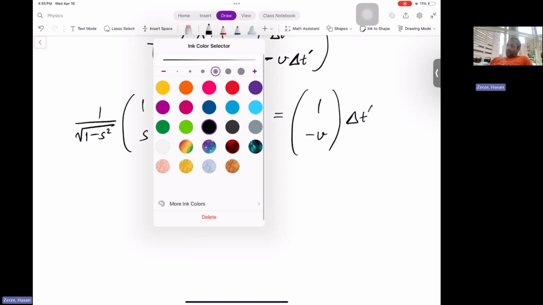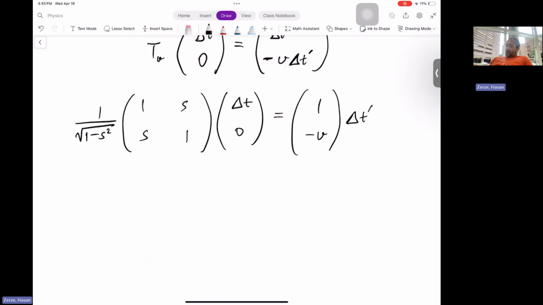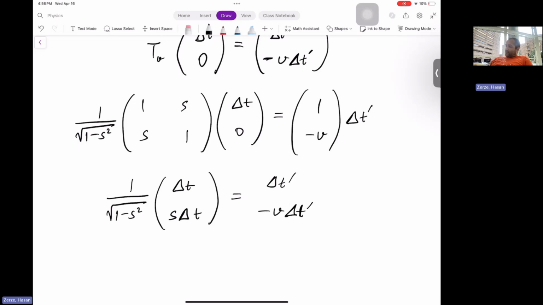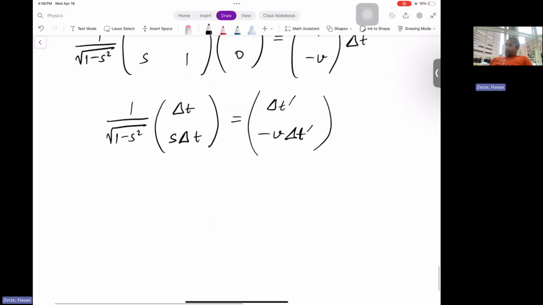If you do the left-hand side, we get 1 over square root of 1 minus s squared delta t, and then s delta t equals to delta t prime negative v delta t prime. So the ratio of these two must be the ratio of these two, and then you get simply s is nothing but the negative v.